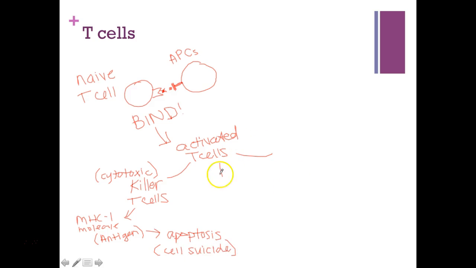Okay. The other thing it can become is more helper T cells. And these are going to help to activate those naive B cells so that these can go and become plasma cells and secrete what?